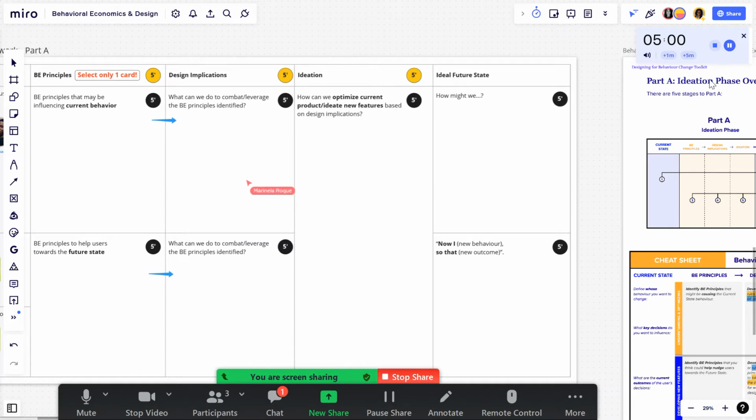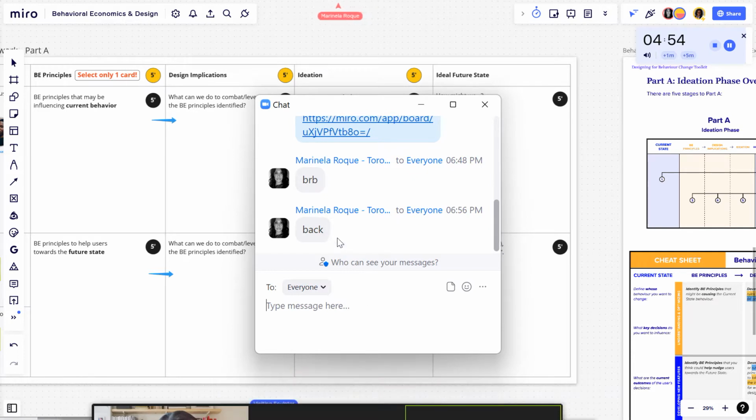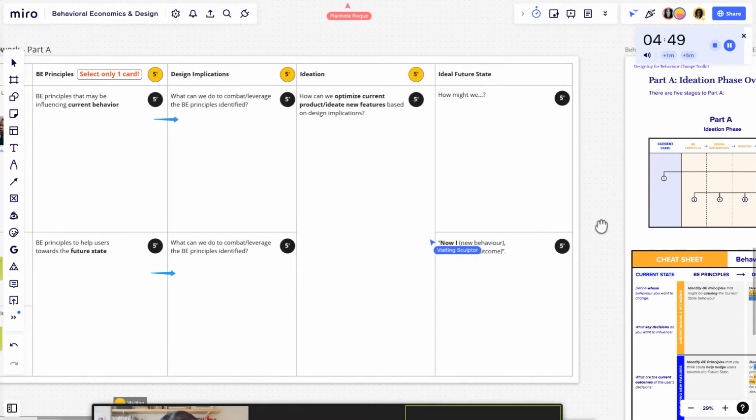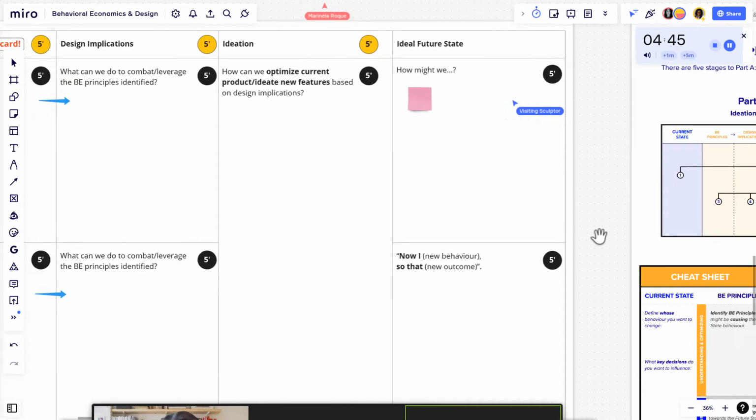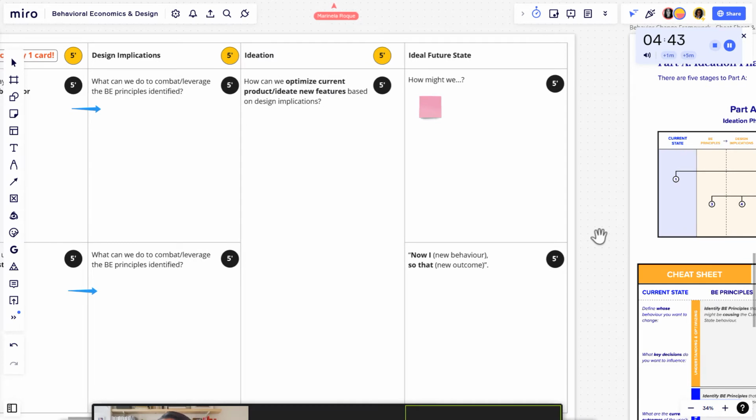Let's start. Feel free to write as many ideas for this ideal future as you like.